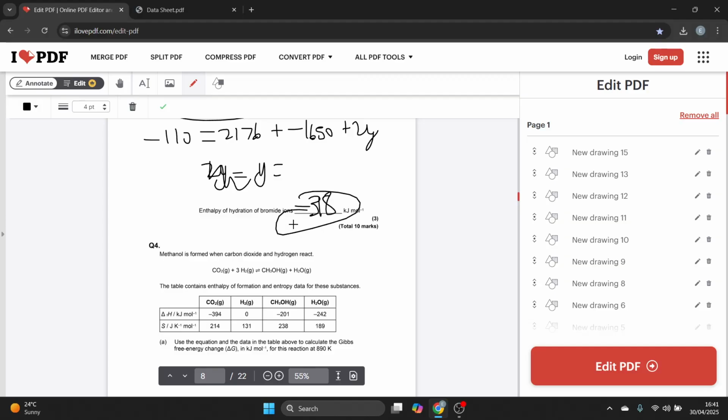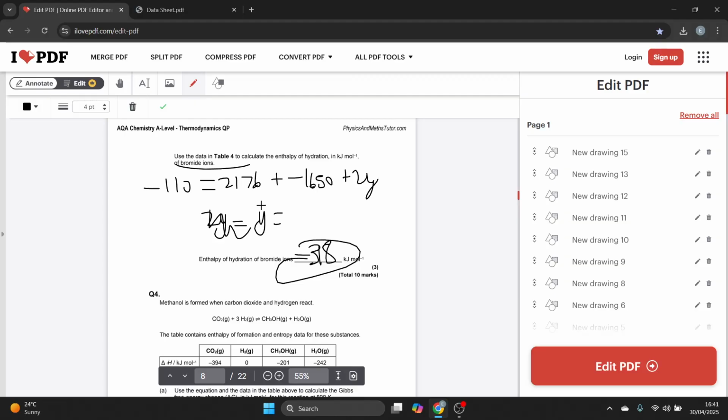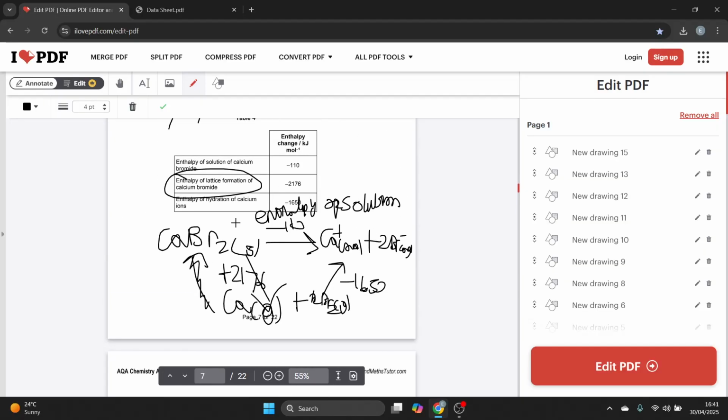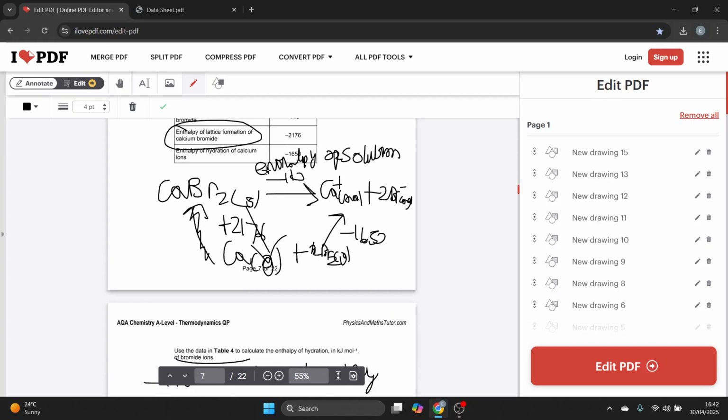So let's check the mark scheme. Minus 110 equals 2176 plus minus 1650 plus 2y, minus 318. They allow you to use the formula. They're never going to ask you to just use the formula for this case. I don't think they will.